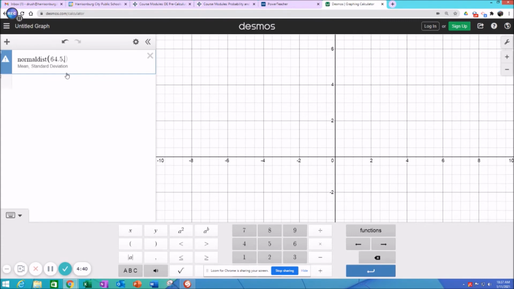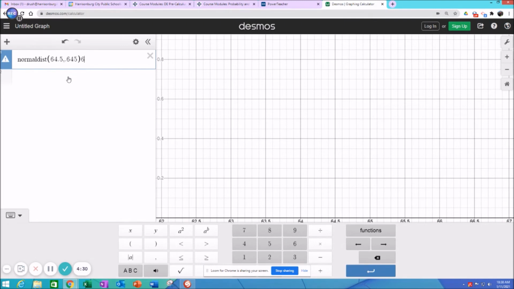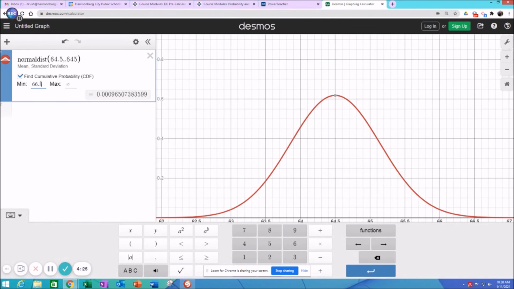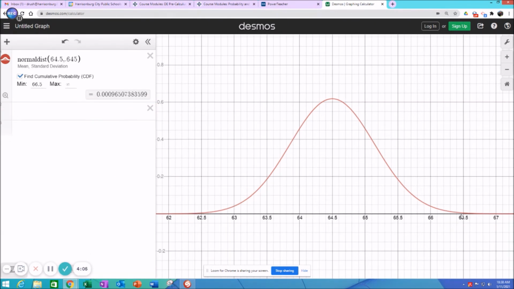So there's my curve, and I want to know the probability they exceed 66.5. So 66.5 and above. We can see here that 66.5 and above is a very small probability, not even 0.1%. So it's not very likely to get 15 women and find their mean and have it be 66.5.